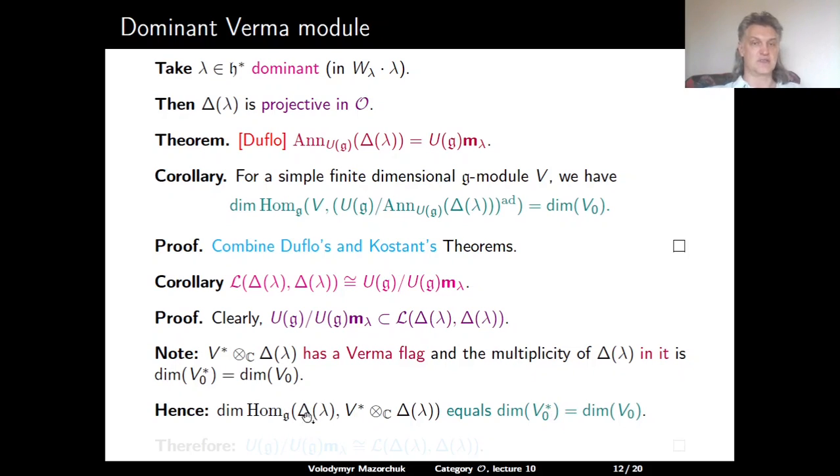This is because here we use that delta lambda is projective in O. And this is equal to the dimension of the zero weight space in V. So this implies that this inclusion is in fact an isomorphism, because for any simple finite dimensional module V, its multiplicity in the adjoint module on the left-hand side equals the multiplicity of V in the adjoint module on the right-hand side.